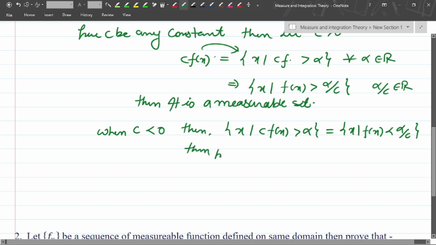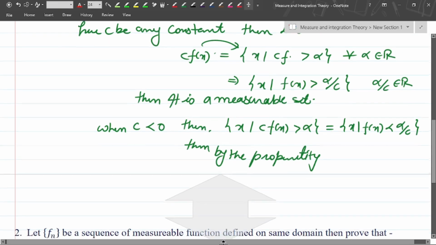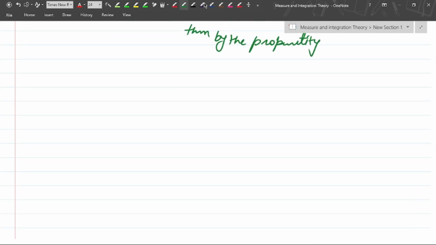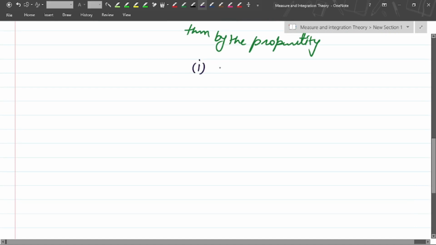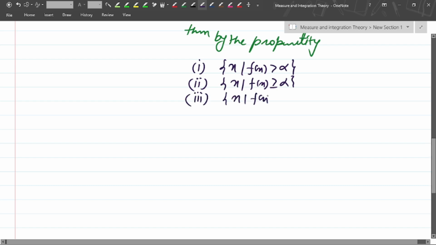Then by the properties we have already proved in the previous video, there are four properties: f of x greater than alpha, f of x greater than or equal to alpha, f of x less than alpha, and f of x less than or equal to alpha, for every alpha belonging to the reals.